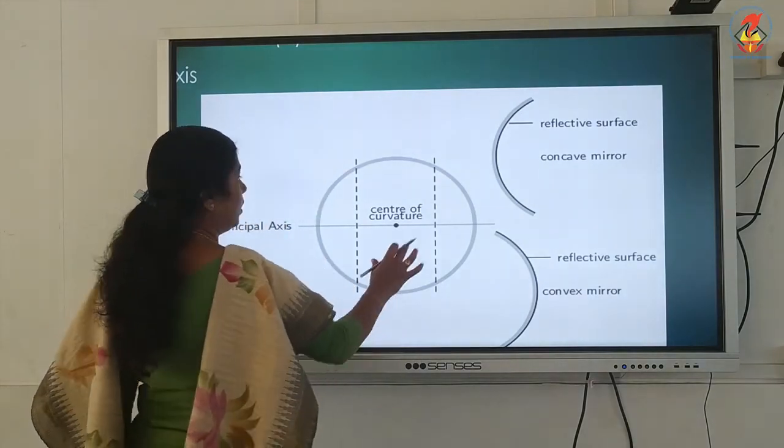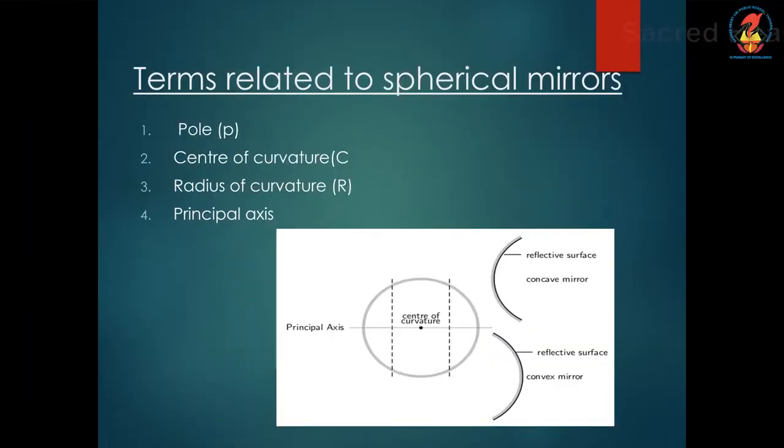Now, so many terms are there related to spherical mirror. First one is a pole, second one is a center of curvature, third one is a radius of curvature, fourth one is a principal axis.